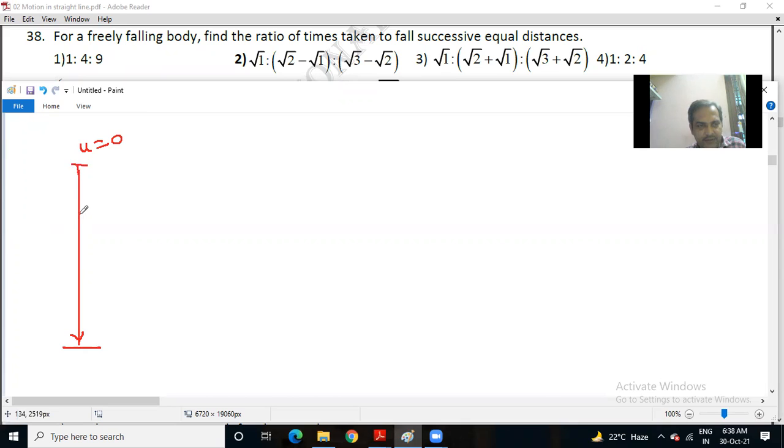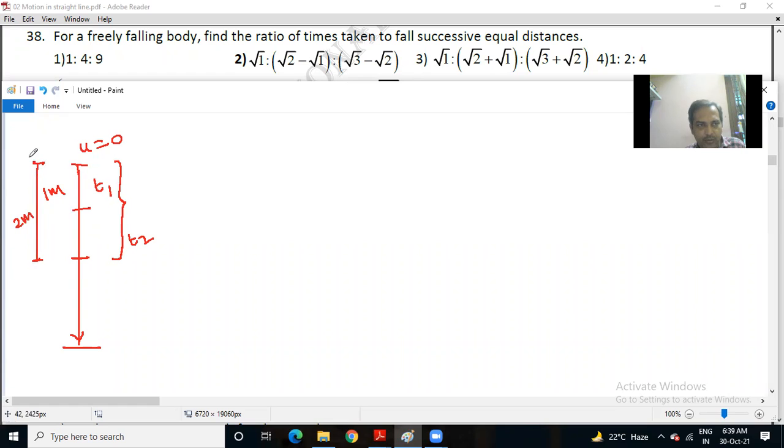Distance traveled in the first second. So, sorry, time taken to travel first meter. You treat this as T1. Time taken to travel second meter. So it means this may be total time, T2, so to cover 2 meters, it may take T2 seconds.